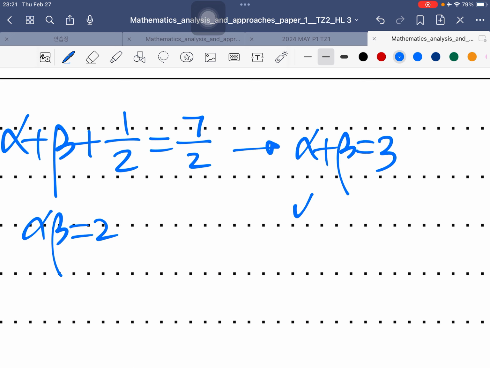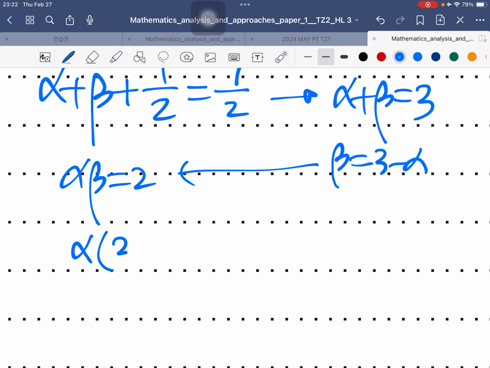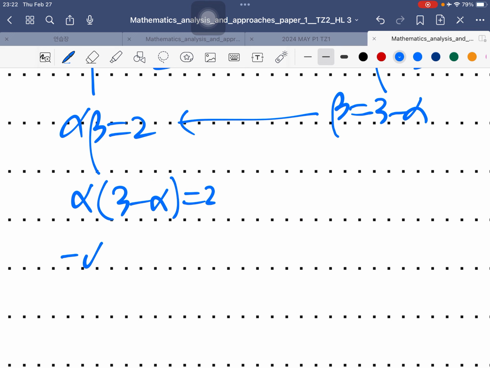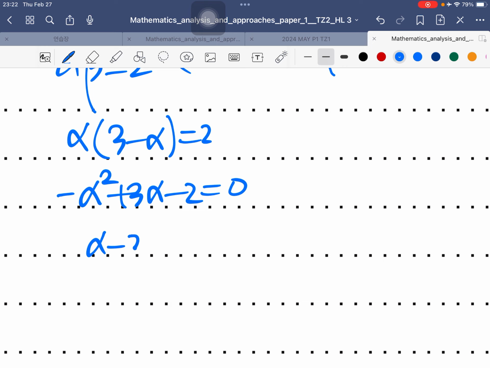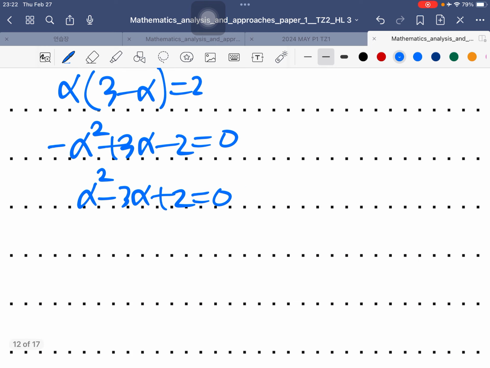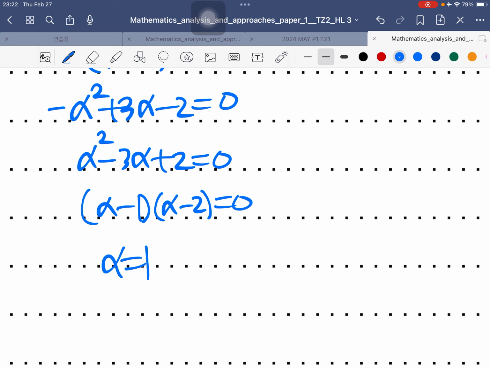So beta is 3 minus alpha, put it back here. Alpha times 3 minus alpha equals 2. Minus alpha squared plus 3 alpha minus 2 equals 0, so alpha squared minus 3 alpha plus 2 equals 0. Alpha minus 1, alpha minus 2 equals 0. Alpha is 1 or alpha is 2.